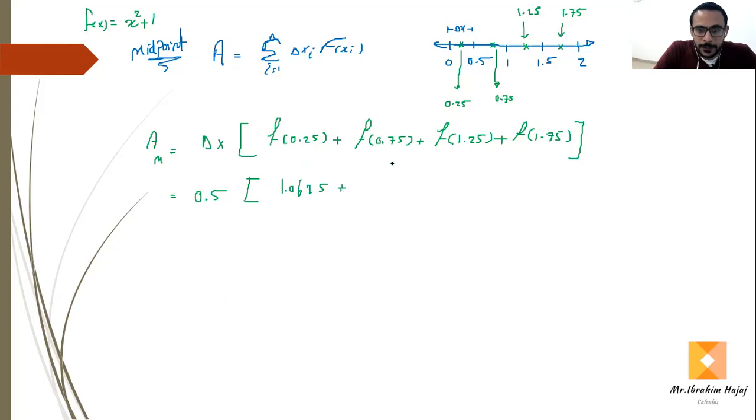And then plus f of 0.75, which is 1.5625.